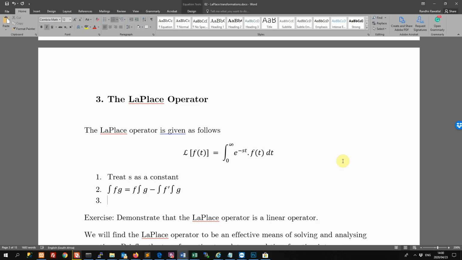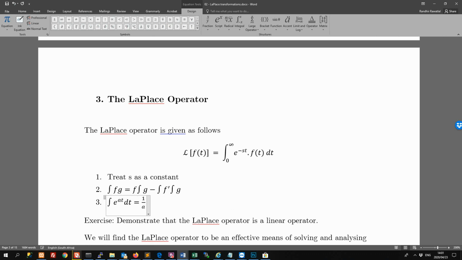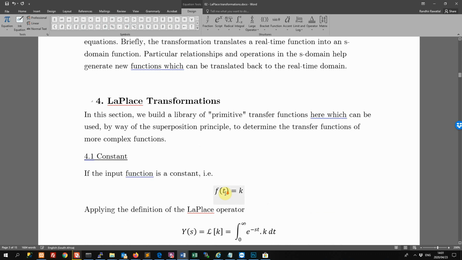And then the third thing, this is kind of an obvious one, but if you take the integral of e raised to the power at, integrated in t, then that integral is of course 1 over a e to the at. So of course, if you differentiate that, a times 1 over a is 1, and e to the at. So with those three basic things, we pretty much cover all the transformations we'll see.